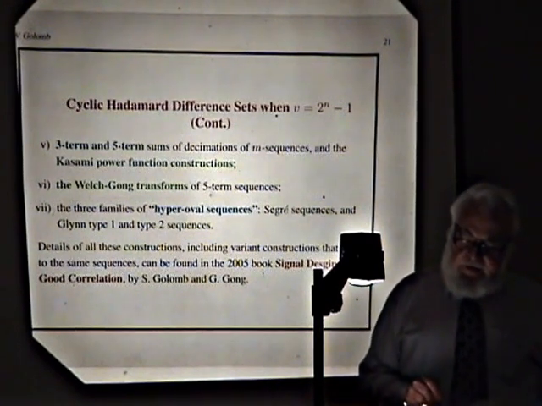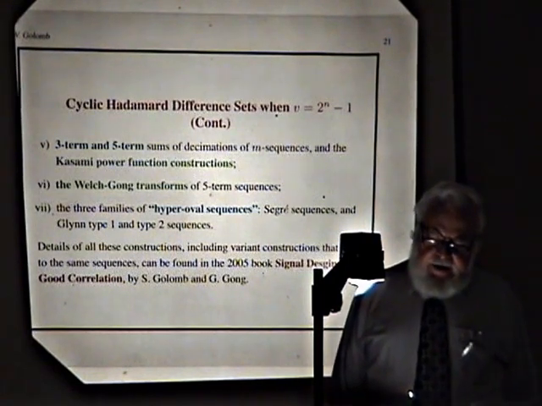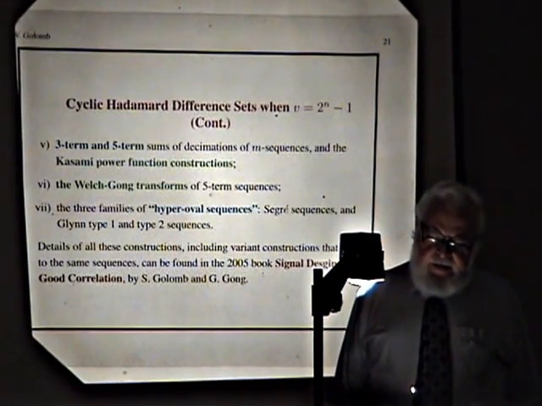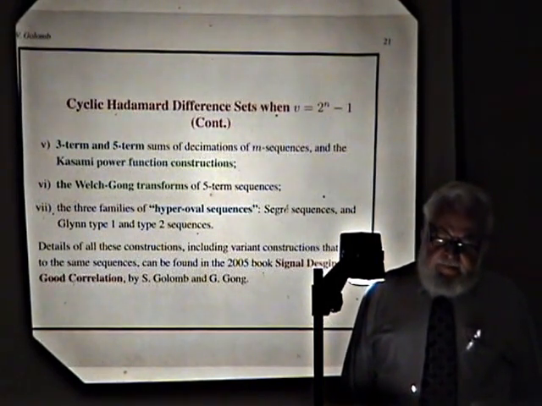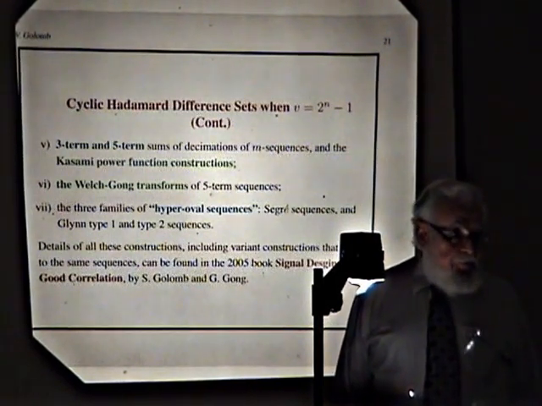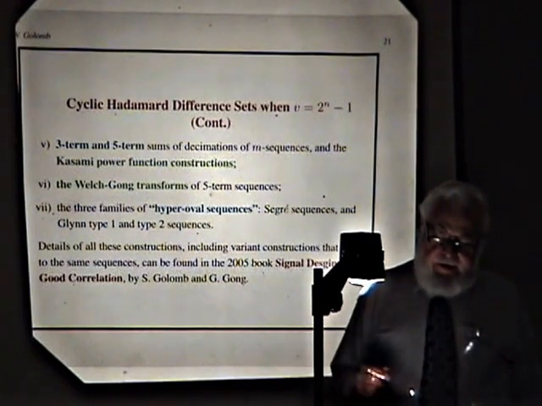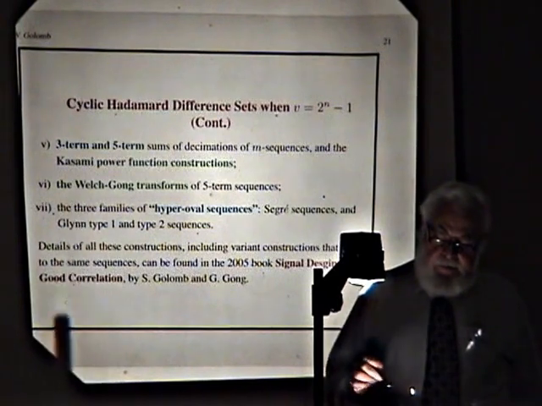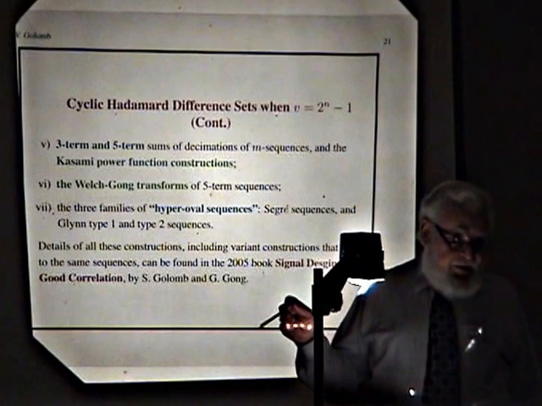A complete search when that was done by my former doctoral student, O.J. Cheng. And in addition to the two expected examples, the M sequences and the GMW sequences, he found another pair of examples. And in looking at that pair of examples, Lloyd Welch found a transformation that would take one of them into the other.